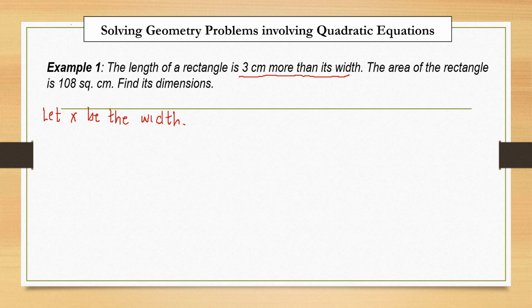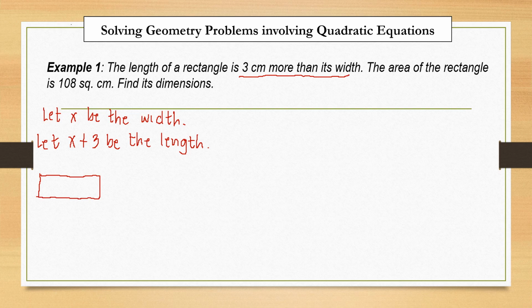So if the width is x, therefore the length will be represented by x plus 3. We can also illustrate the given problem. So let's say this is the given rectangle. This is the width represented by x, and the length is represented by x plus 3.